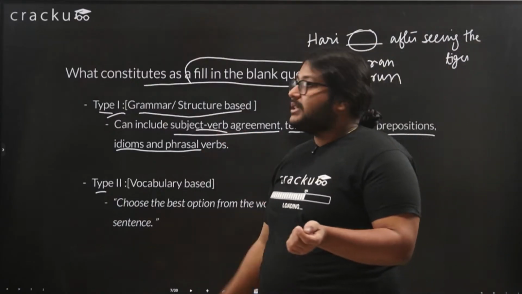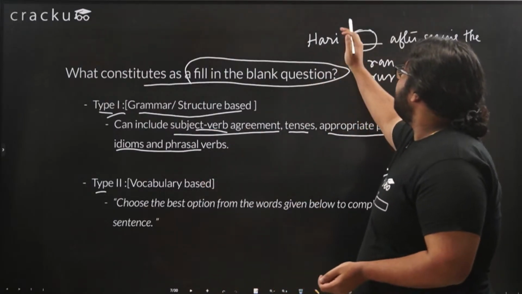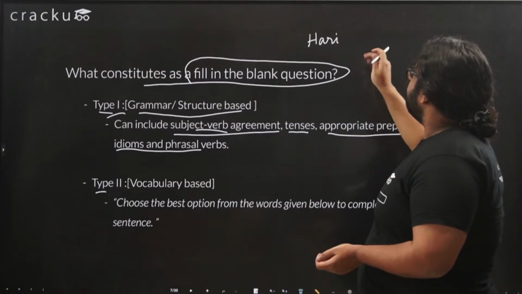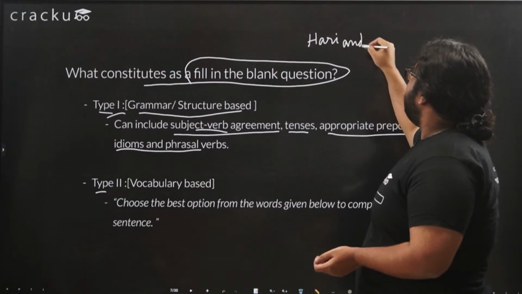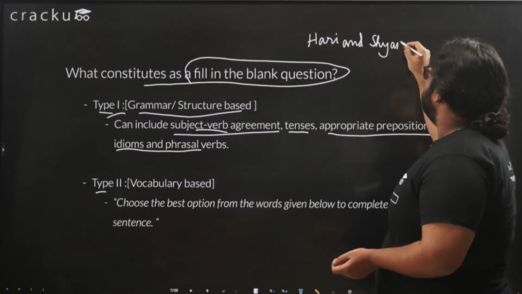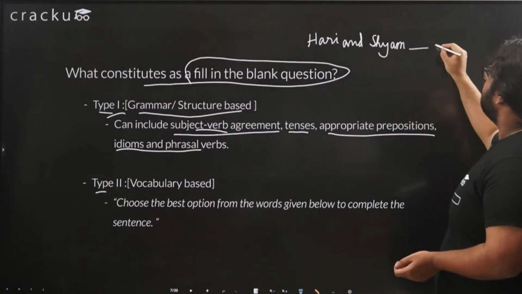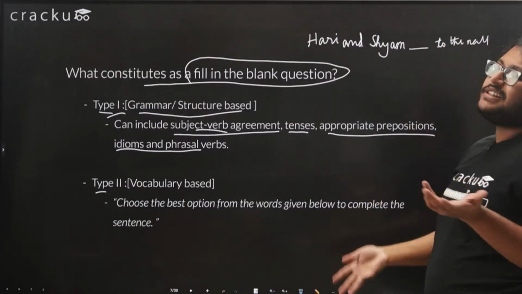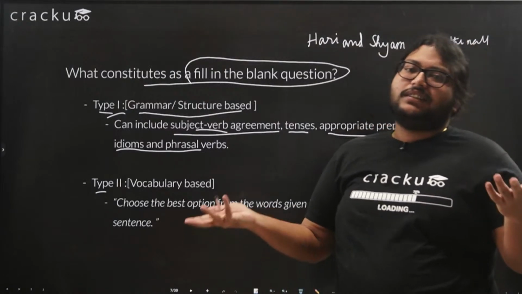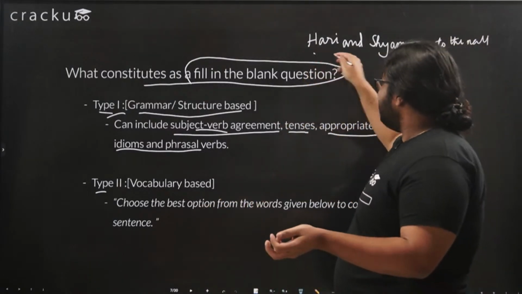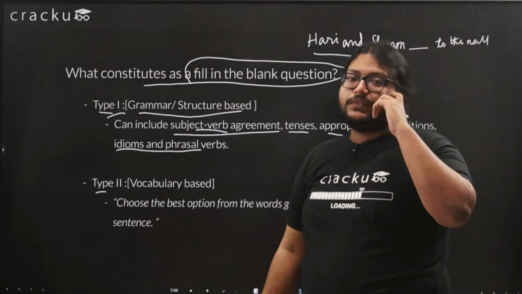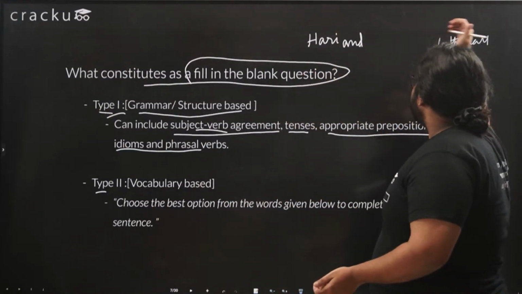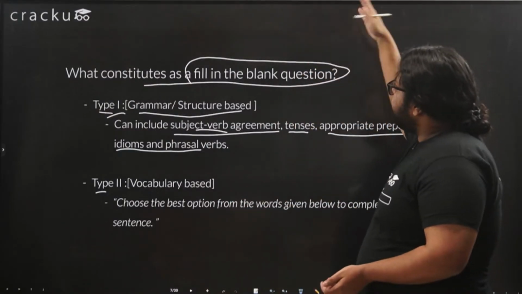It can be something about subject verb agreement, like Hari and Sham dash to the mall, let's say. And the options are something like is going, are going, all of that. So this is actually very trivial, but the questions won't be that trivial. We'll look into a lot of questions later in this video. I'm just giving you an example of what kind of things might be there.